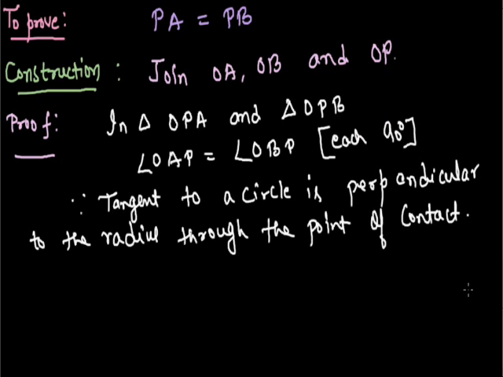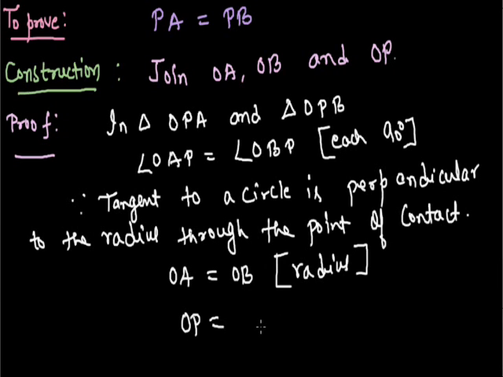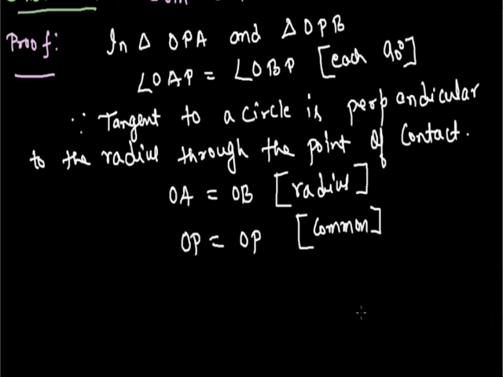Now angle OAP is equal to angle OBP. Next, OA will be equal to OB, both are radius, and OP equal to OP, common. So by RHS congruency, right angle, this is hypotenuse OP, and OA and OB are the sides.